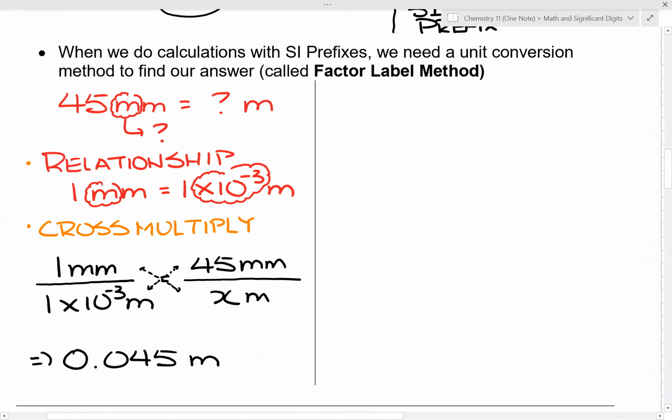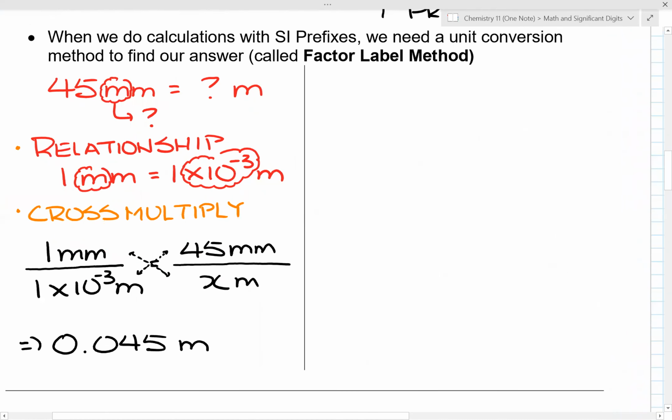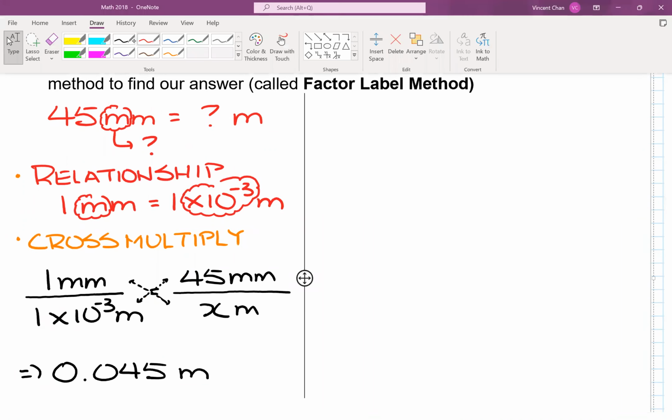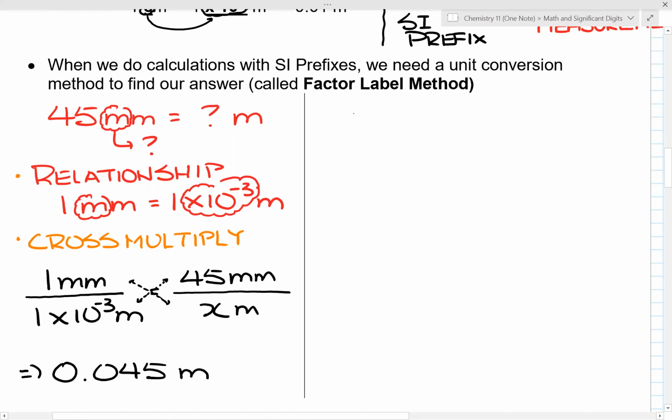Now, let's give you something a little bit more challenging. Let's say, for example, I'm going to use the same numbers, but in this case, I'll say 45 millimeters squared is equal to how many meters squared? Again, you might say, oh my gosh, what do you do here? You basically do the exact same thing.